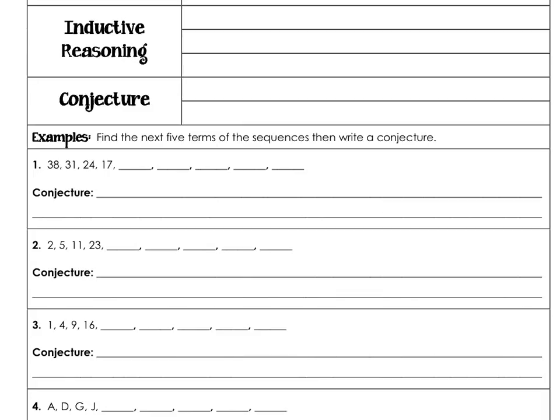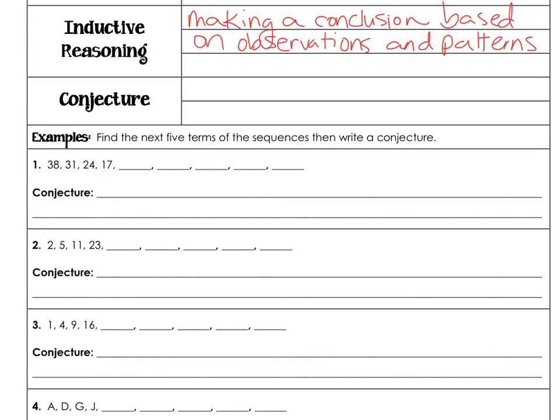In this first video for the logic unit, we are going to be talking about one of the types of reasoning that we're going to see throughout the unit, and it's called inductive reasoning. Inductive reasoning is when we are making a conclusion based on observations and patterns. In other words, this is when we predict the next term in the pattern.